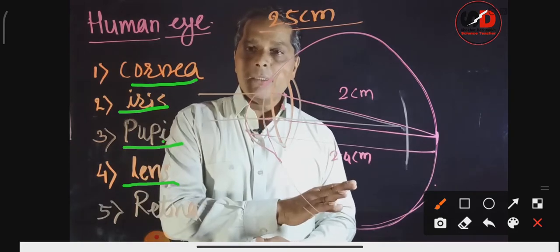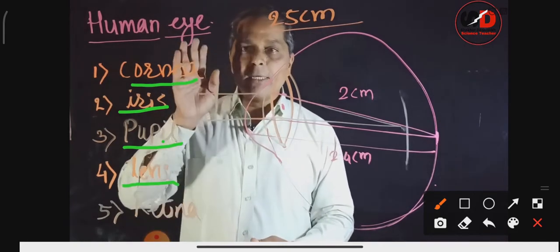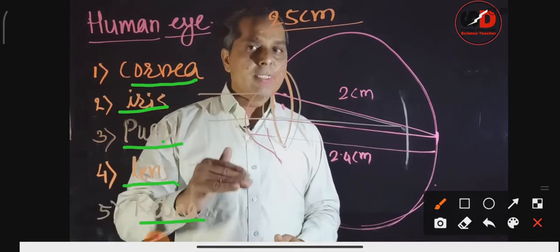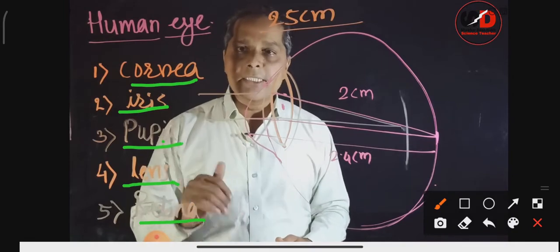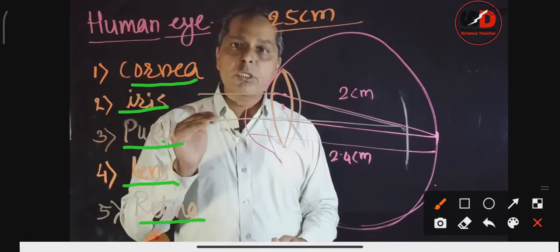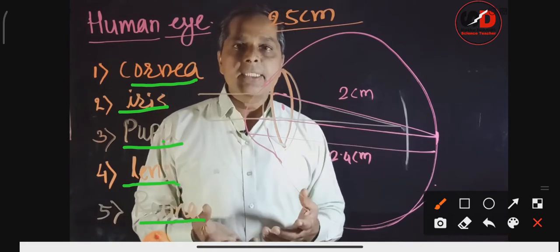The next part of the human eye, the very important part, is the retina. The retina is nothing but a photosensitive screen, a light sensitive screen, due to which we can see the object.